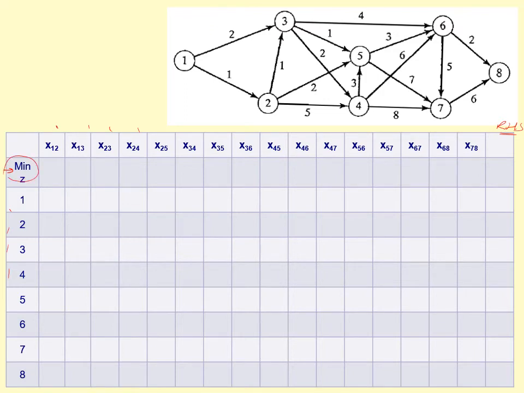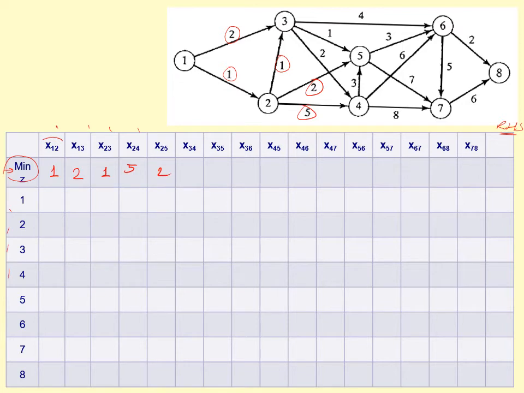The objective function is the distance times the decision variable. So for the first arc x12, the distance is 1 unit, so it will be 1 times x12. For the second one, it's 2 times x13. For 23, it's 1 times x23. Then for 24, it is 5 times x24 and 2 times x25.